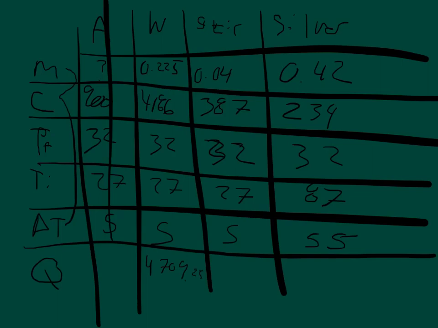For copper, it was 77.4. And the energy transferred by silver was a negative 5,405.4. So just keep in mind that that is positive Q for each of these. And in our equation, we're going to switch that to negative Q.